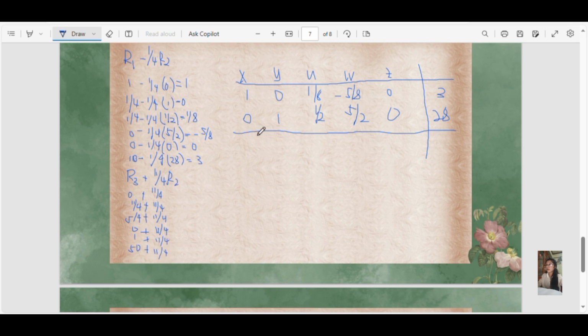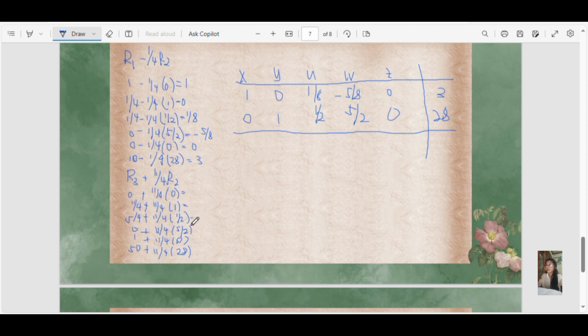11 over 4. Then what is R2 again? Let's just copy here, and multiply it by R2: 5 over 2, 0, and 28.